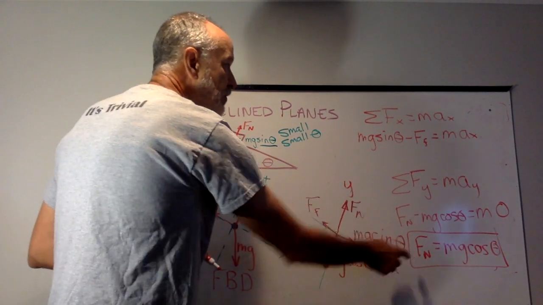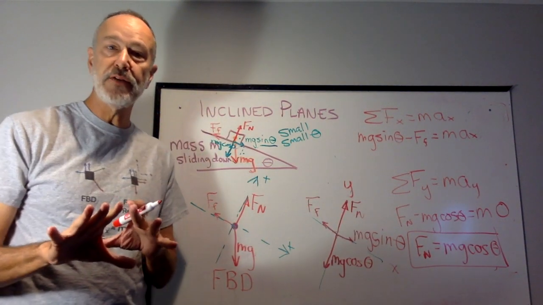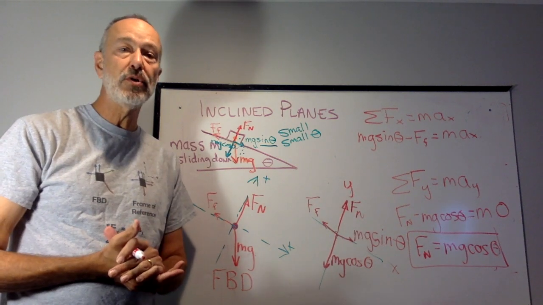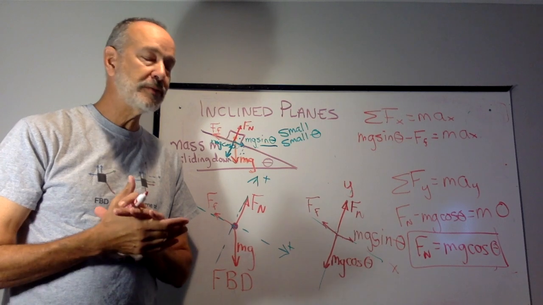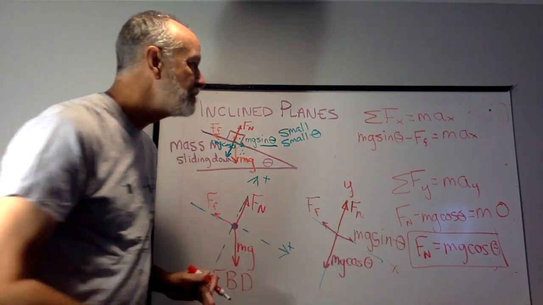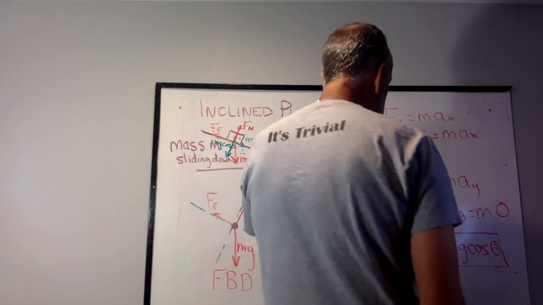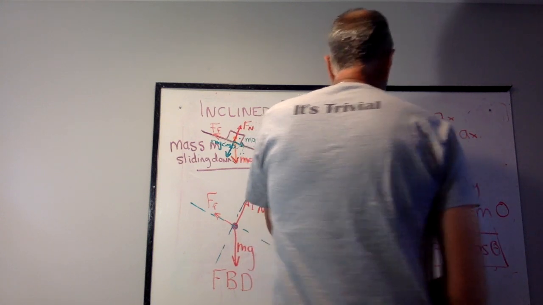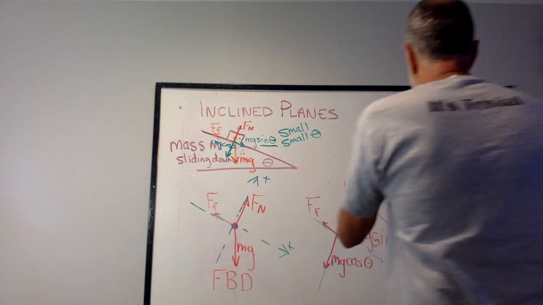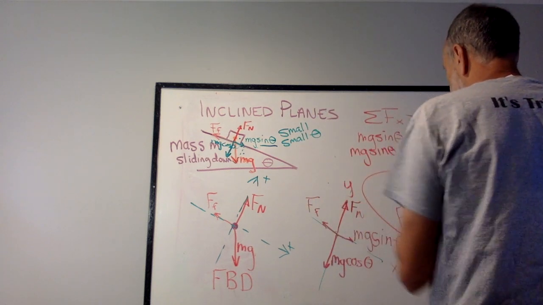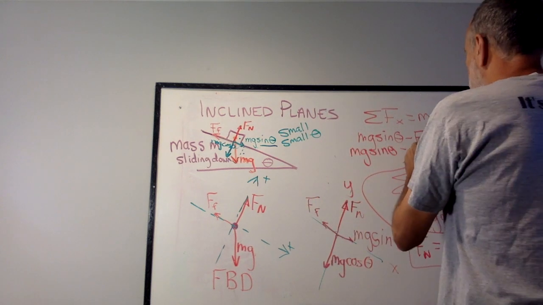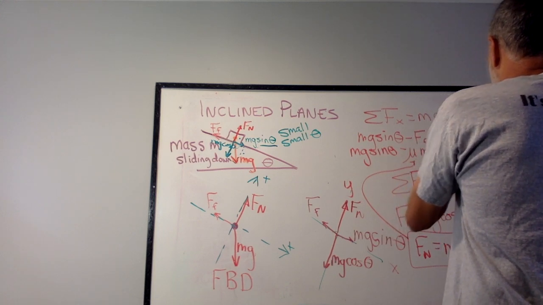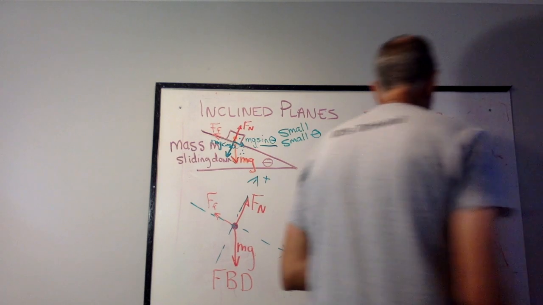We can use that normal force, and again, I'm jumping ahead if we haven't done friction yet, but for friction there's an expression: mu times the normal force. So we could substitute this in and have mg sine theta minus mu times the normal force, which is mg cosine theta, equals ma in the x direction.